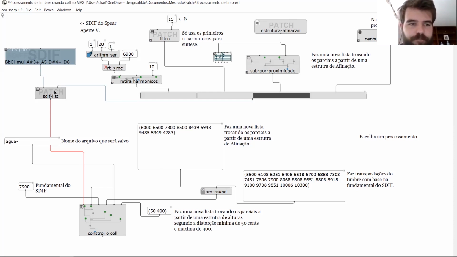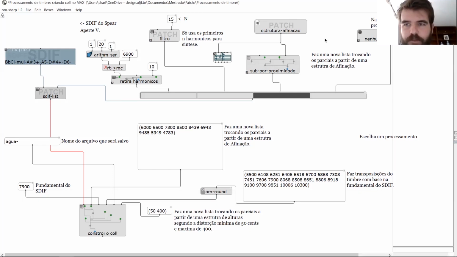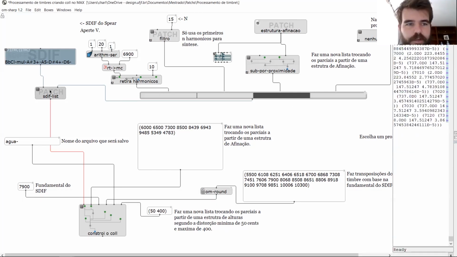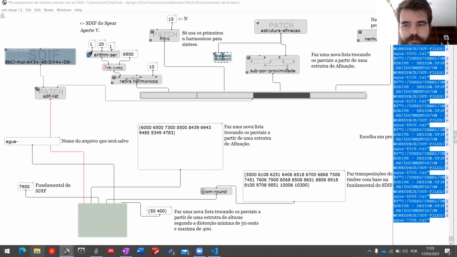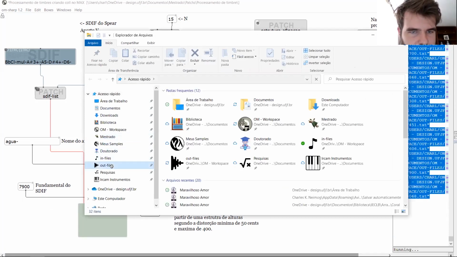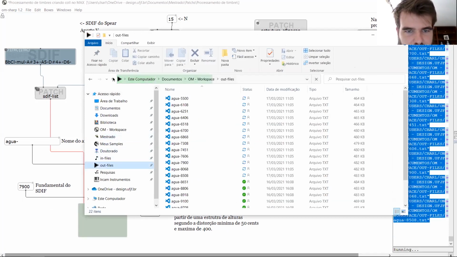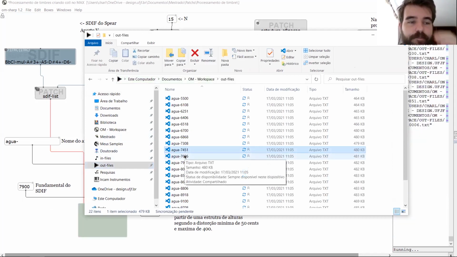So here I build it. Then it will make a lot of text files. These text files will be here.